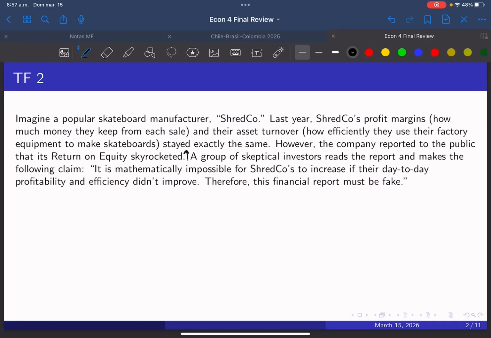A group of skeptical investors reads the report and makes the following claim. It is mathematically impossible for Shredco's return on equity to increase if their day-to-day profitability and efficiency didn't improve. Therefore, this financial report must be fake.